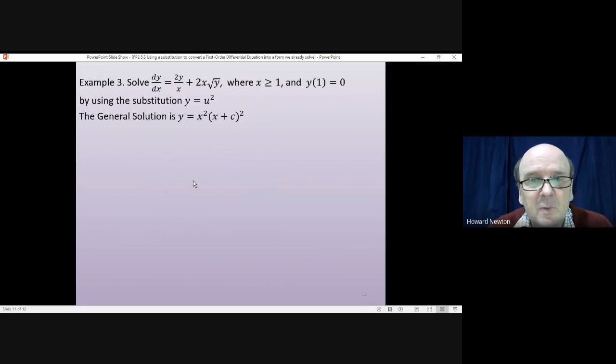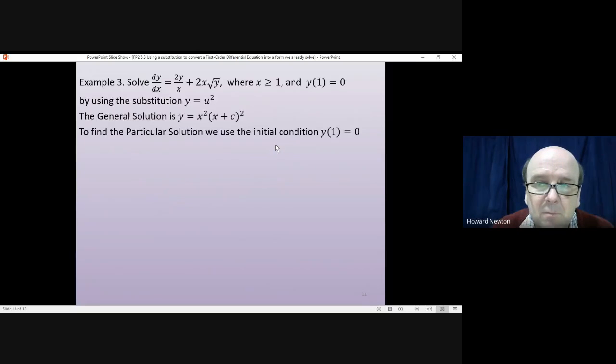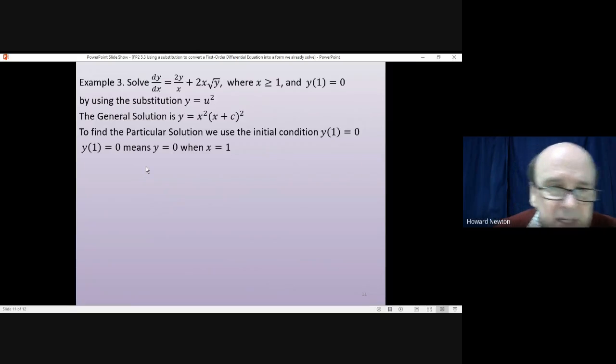Now the last thing that we have to do is find the particular solution given by y of 1 equals 0. So that is the initial condition, and what it means is that y equals 0 when x equals 1. You may not have seen this notation before, but that's the way you would read that. So y when x equals 1 is equal to 0 is the way you would read that.